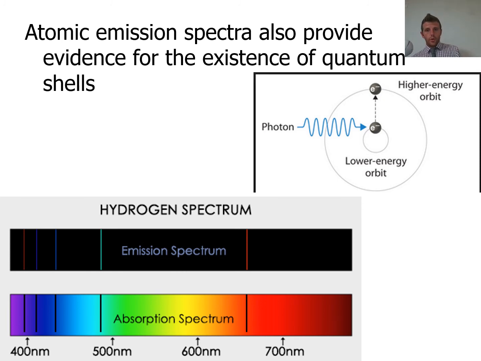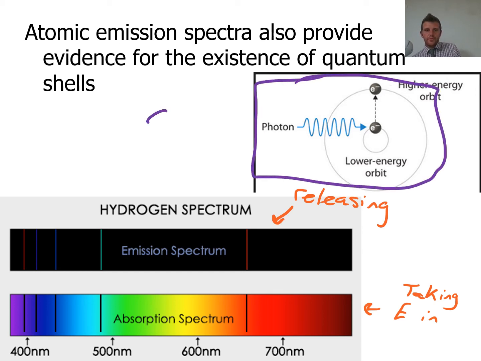So remember, absorption spectra is taking energy, and emission is going to be releasing. So in the picture here, this would be absorption, because that photon is going into this electron, and then that electron is going to take that energy to jump up to a higher energy orbit.